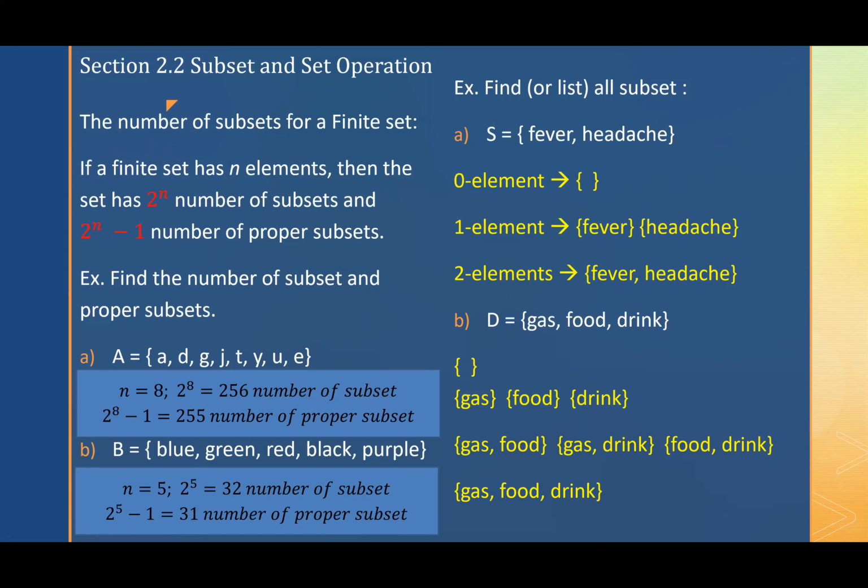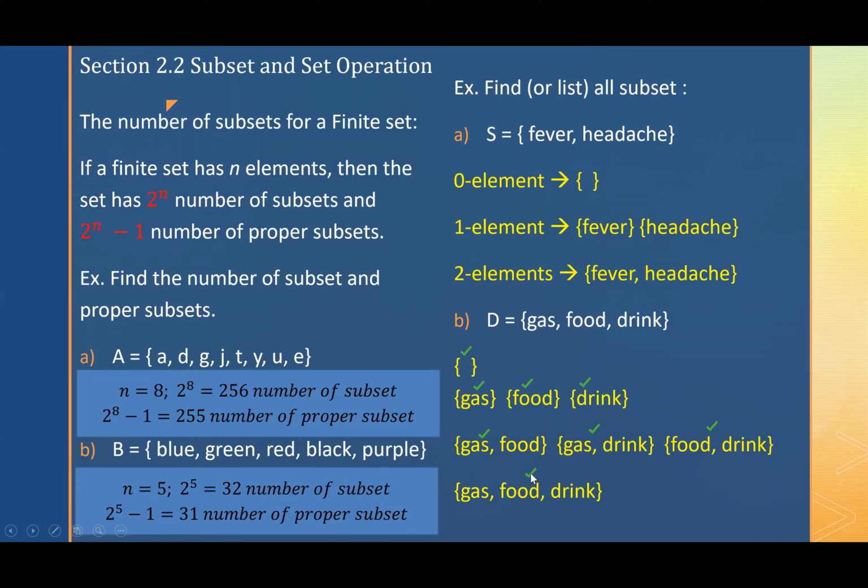So again, the idea of ALEKS, and most of the questions in ALEKS, is that they want you to think in terms of real world situations. As you can see, we know that there are three elements, and we know that 2 to the third power is equal to 8: one subset, two, three, 4, 5, 6, 7, and 8.